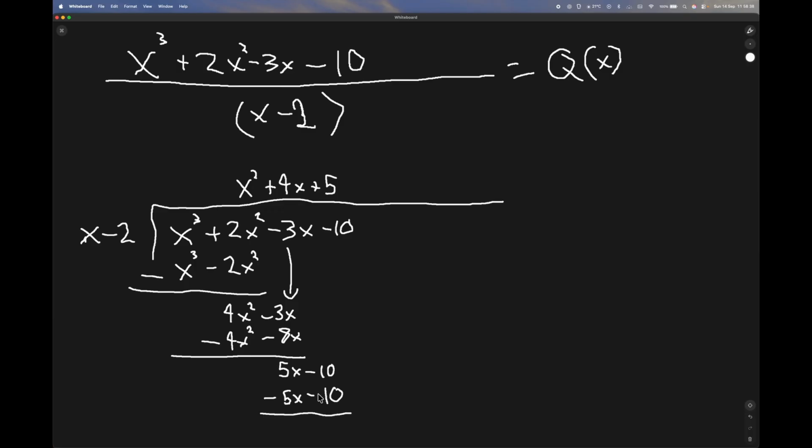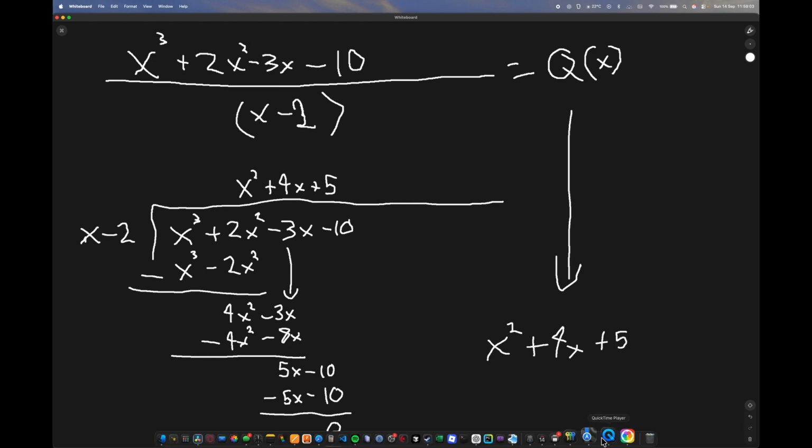And look at that, we have 0 remainder because those will cancel, and minus 10 plus 10, because it's minus minus 10, will give us 0. So, q of x is equal to x squared plus 4x plus 5. Let's check our solutions.